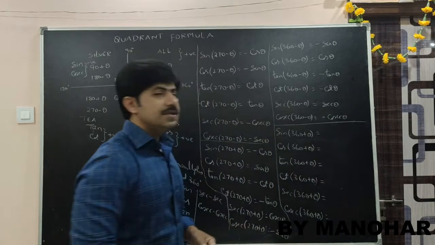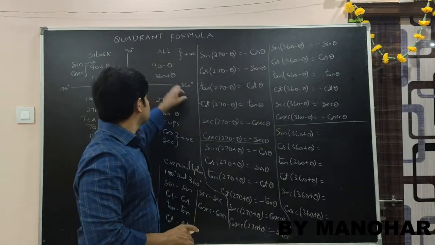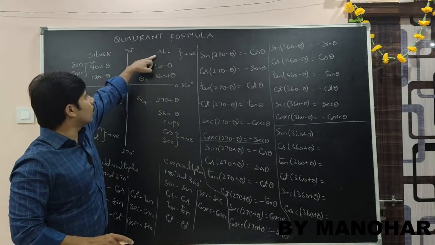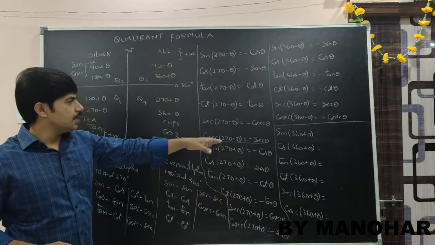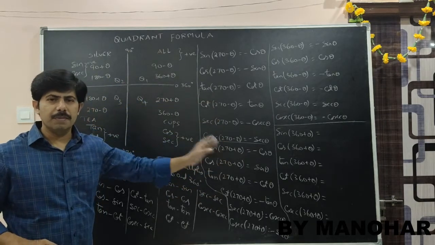Now 360 plus theta lies in the first quadrant. In the first quadrant all are positive. So after changing all the trigonometric ratios, the results will be positive.